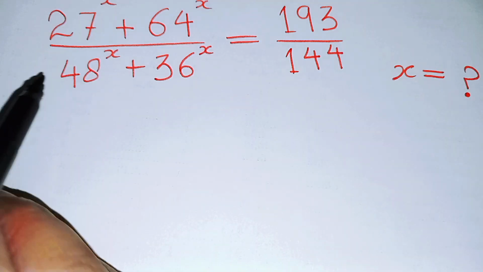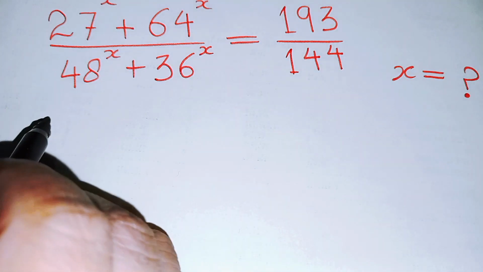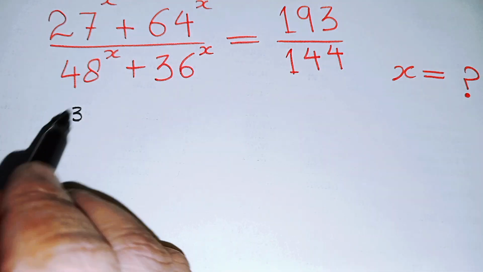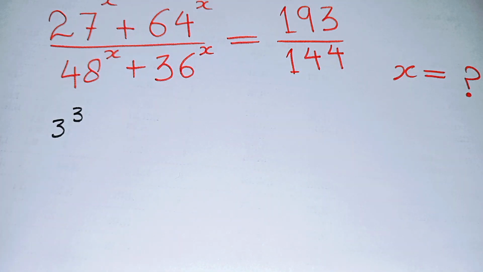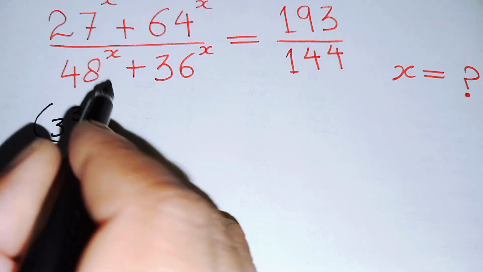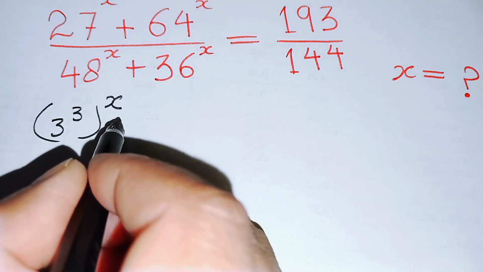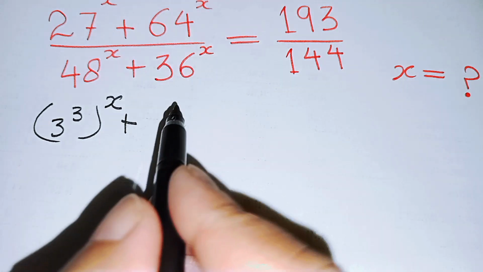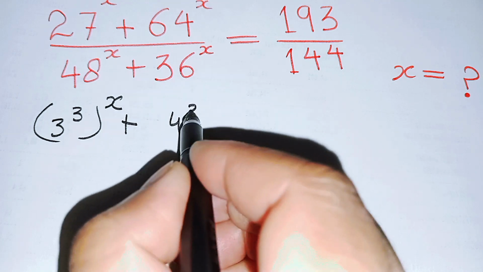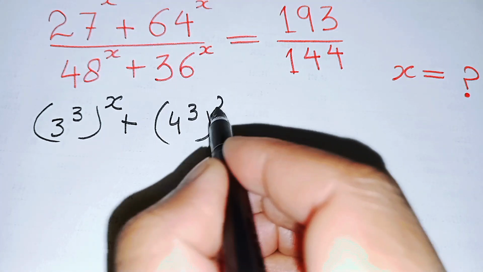First of all, 27 can be written as 3 cubed, since 3 multiplied 3 times is equal to 27, all to the power of x. Then 64 can be written as 4 cubed, all to the power of x.